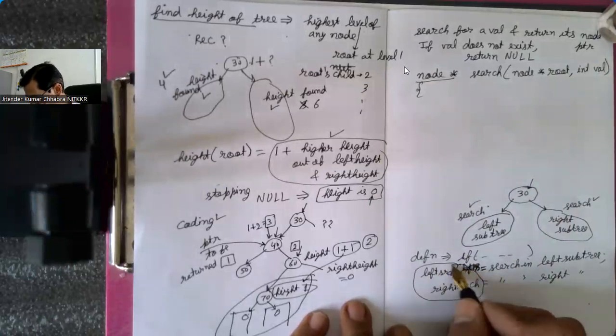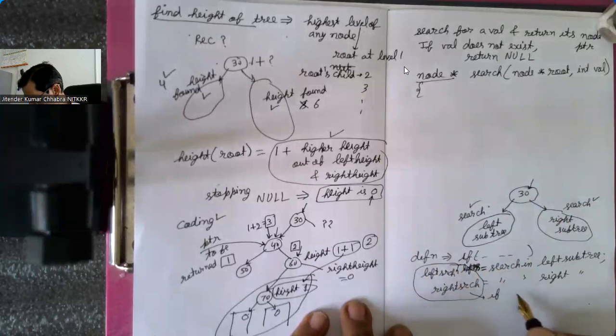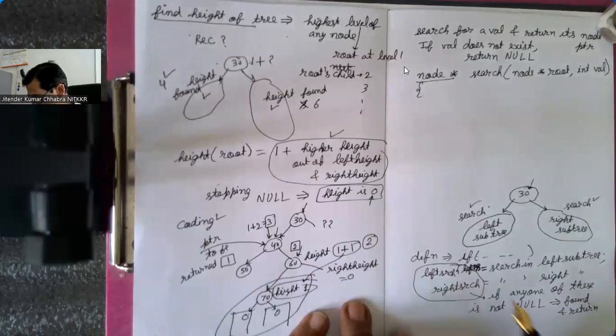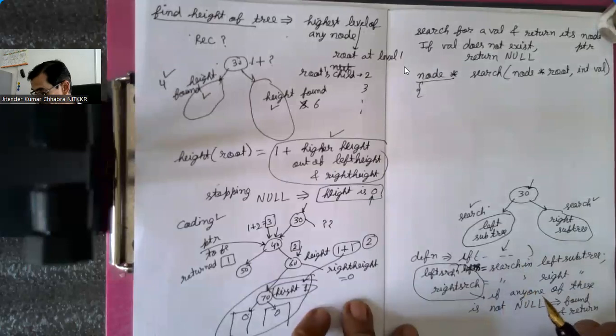One of these will be not null, both will never be, obviously. And if it is not null, the element is found, otherwise not found.